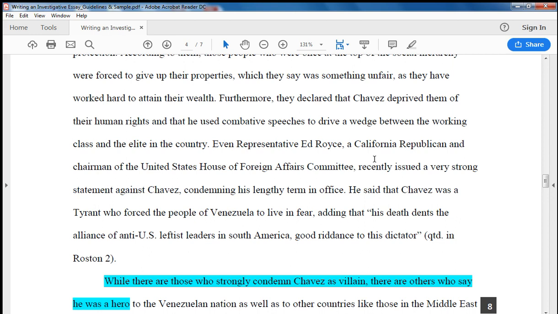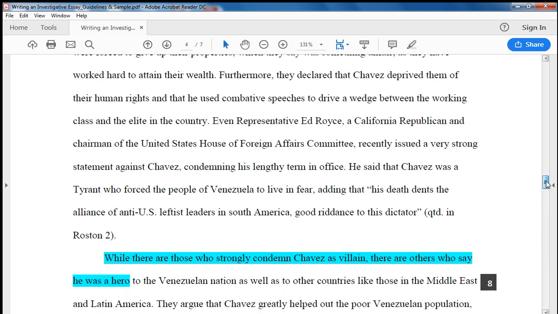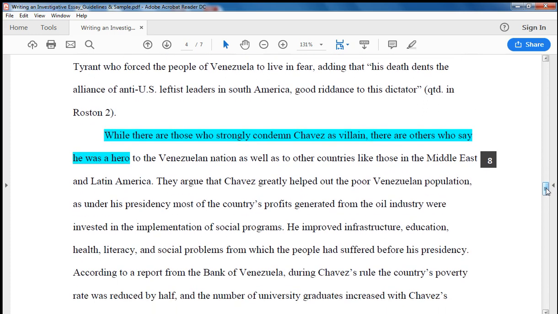And then you move to another critical perspective, and then a favorable perspective, in and out in that manner. That's another option that you can choose, but this student chooses what I think is the easier option, that is the block format.